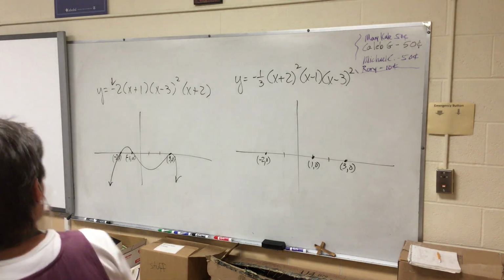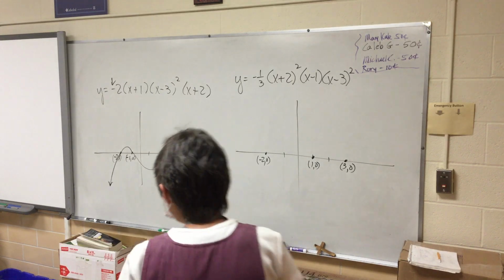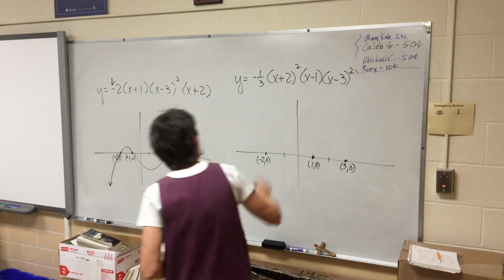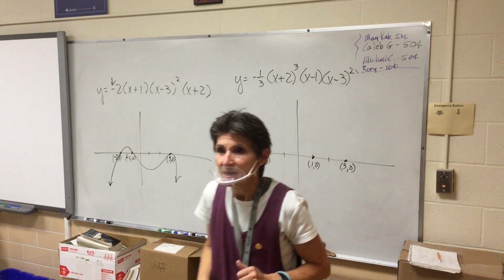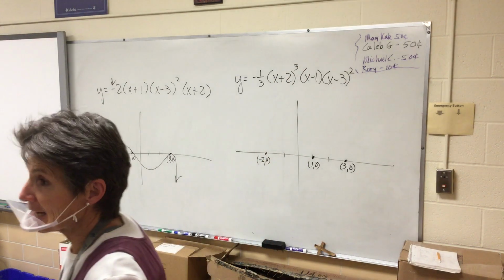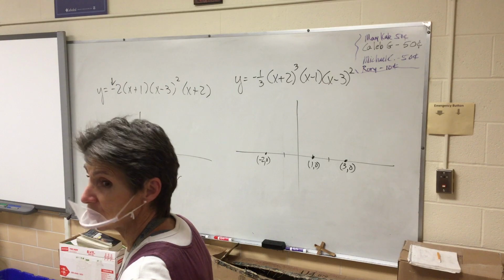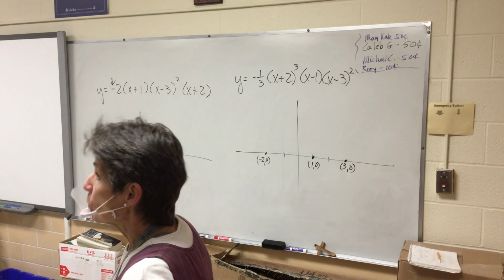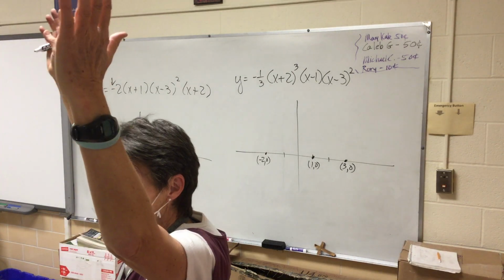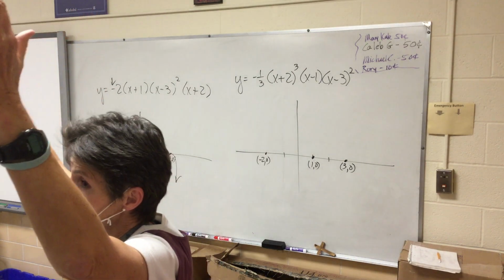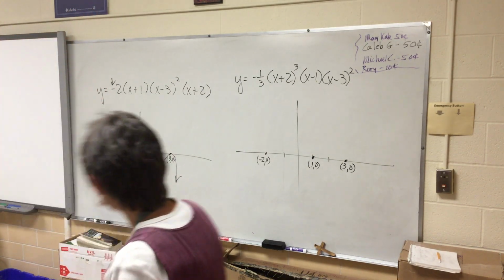But X plus 2 is squared. Oh, thank you, Catherine. Well, that changes everything I just said. Because now it's not x to the 5th, it would be x to the 6th, which is even. Should be up, up, but because of the negative, it's going to be down, down.